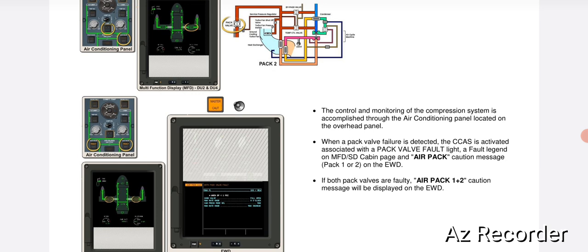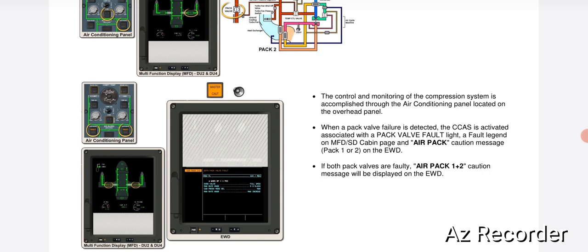So a fault light will appear on the air conditioning panel. In addition, on the RH maintenance panel, near the FO side, the pack overheat magnetic indicator turns on to indicate the fault. A red light will illuminate. Pack overheat could be due to a dirty heat exchanger or a turbofan failure.